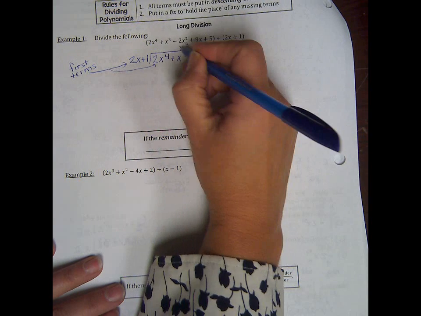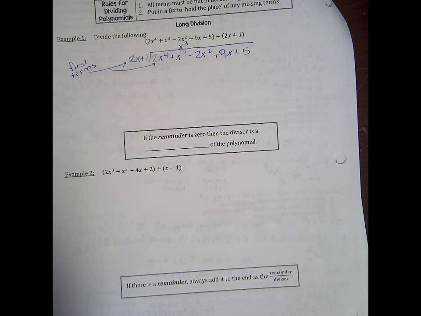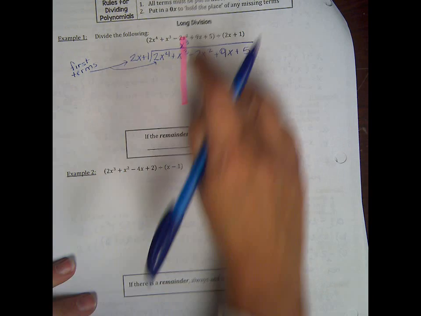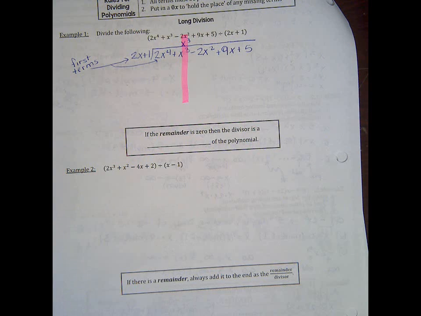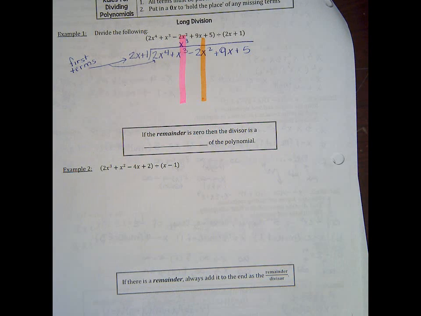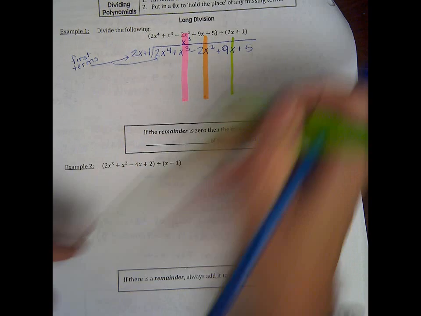Very important. Notice these x to the thirds are going to all line up. All the way down here, we're going to have x to the thirds. All the way here, we're going to have x to the seconds. Make sure all of your exponents are lining up as you go down along the way. Here on our x's. And then at the end, we'll have the constant terms.